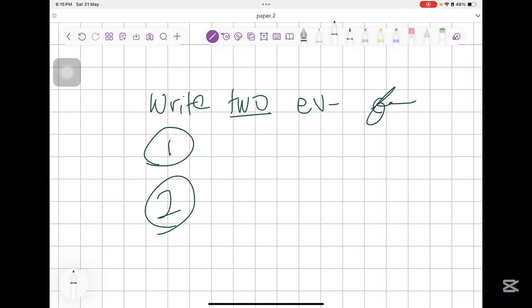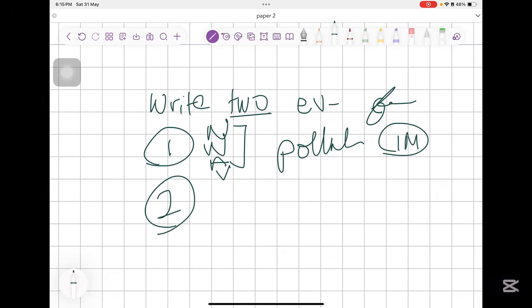Count the points of pollution as 1 mark. When you say pollution, whether it's noise, whether it's water pollution, whether it's air pollution, whether it's visual pollution, any types of pollution, in paper 2, they're counted as only 1 mark. So don't write noise pollution here and write visual pollution here. You won't take the mark, okay? You can write pollution, then you can write habitat loss.